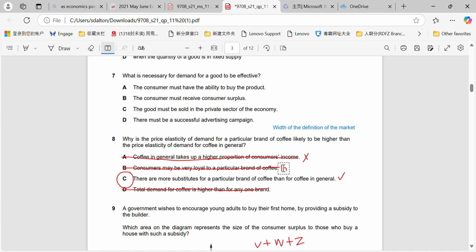Like the substitutes for Starbucks could be Luckin Coffee, could be Costa Coffee, could be Tim Hortons. But then the substitutes for coffee in general might only be tea. So the smaller the width of the definition, the more elastic it generally becomes. The more closely you're looking at a particular product in a market, for example.